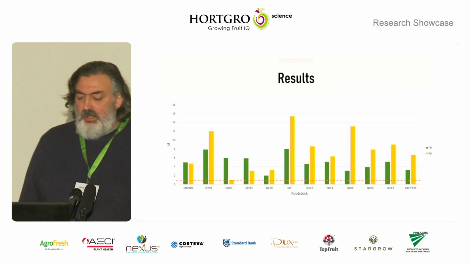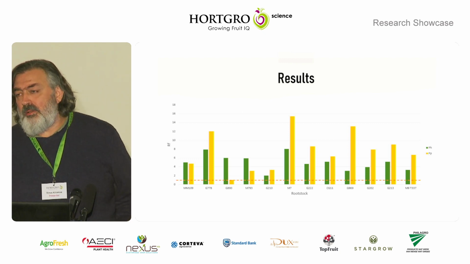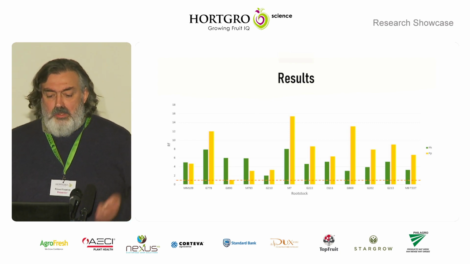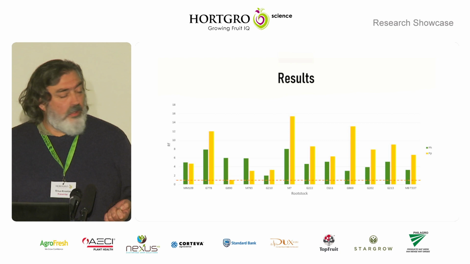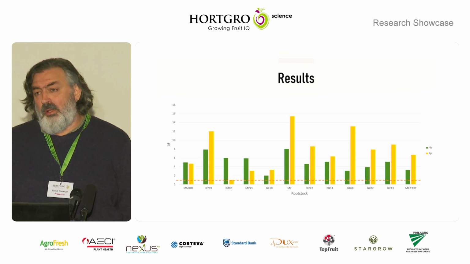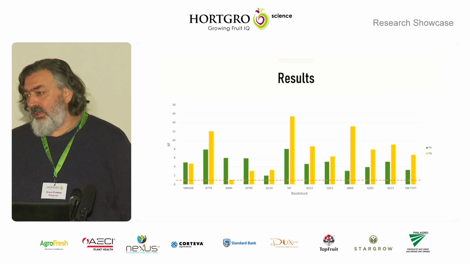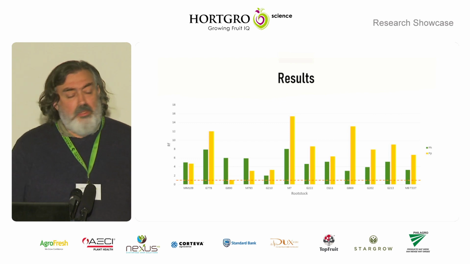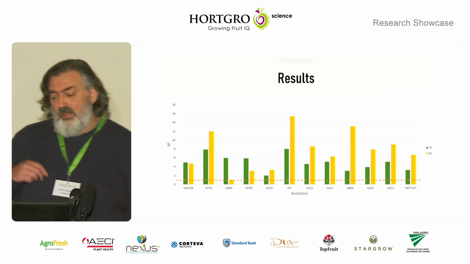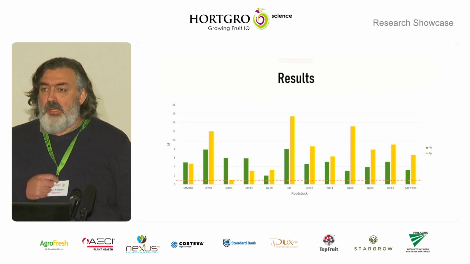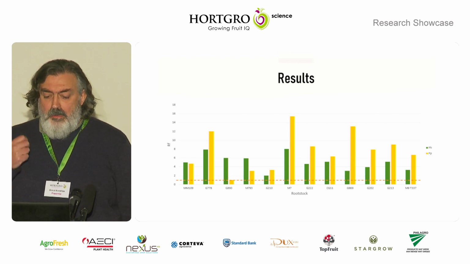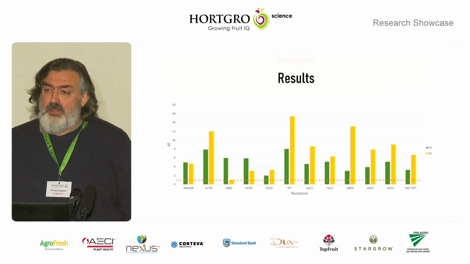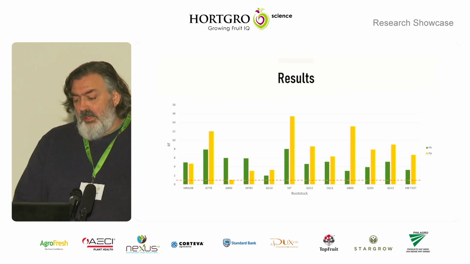If we consider that normally a reproduction factor above 1 means the rootstock is considered susceptible, we can see in this case that none of these rootstocks that we tested were resistant against these Pratylenchus species, but there were some differences in the response between Pratylenchus hippeastri and that of Pratylenchus penetrans. So we can see that the Pratylenchus penetrans populations that we used are clearly more virulent than the hippeastri.